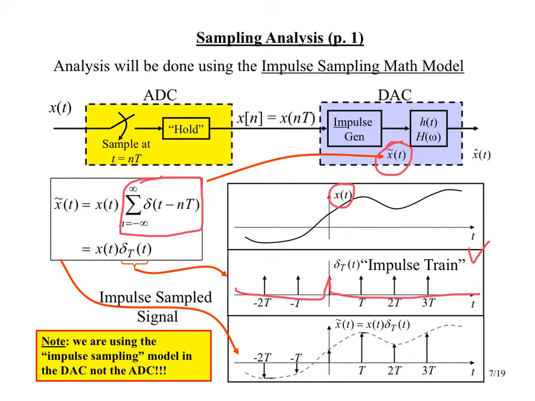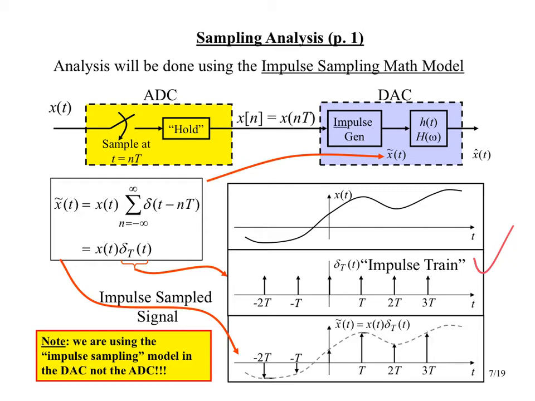For n equal to 1, it's this delta function. If we sum up those terms, there's not really any interaction between them. So we get this impulse train.